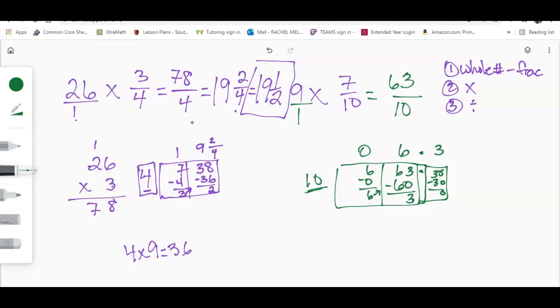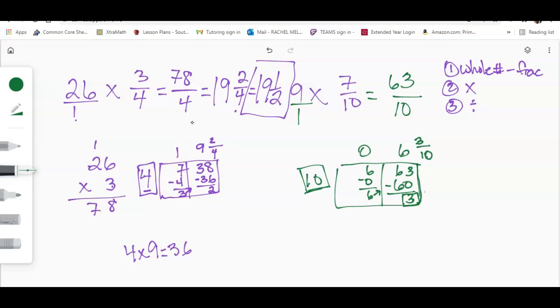However, we're not doing decimals, we're doing fractions. So I'm going to take all that away because that's not what we're working on today. We want to put our remainder as a fraction. Okay, so I know I have 6 wholes, and remember your remainder is your numerator, your divisor is your denominator.